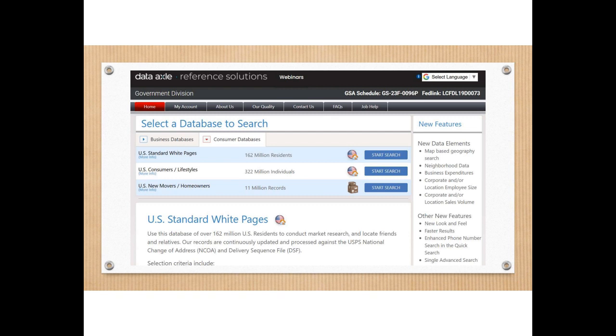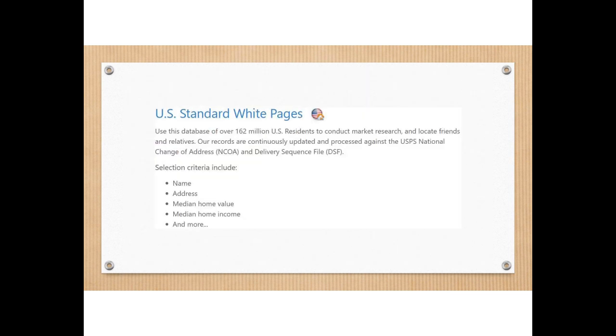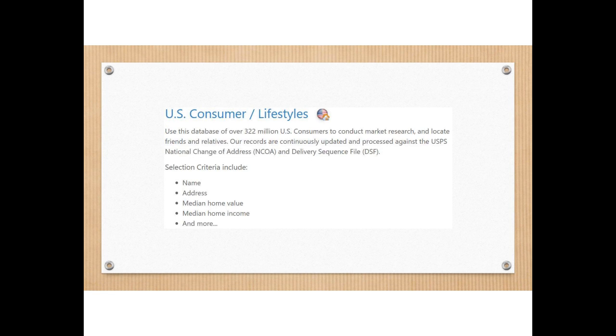So then we're going to go through the consumer databases relatively quickly as well. So there's the standard white pages, and that includes names and addresses. It has some information on average home values, that sort of thing. And then consumer lifestyle, and this has more demographic information.